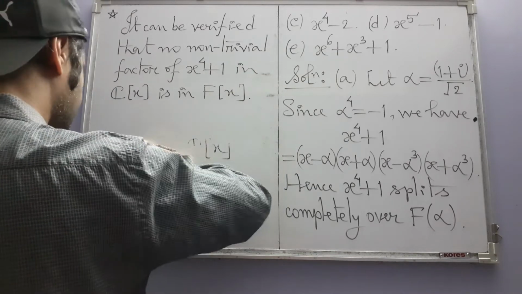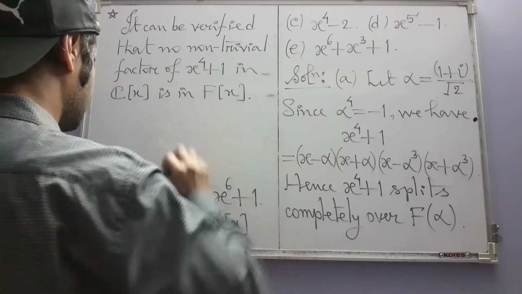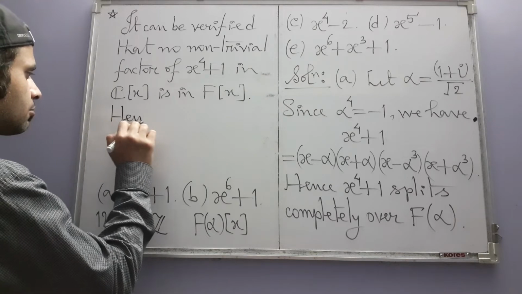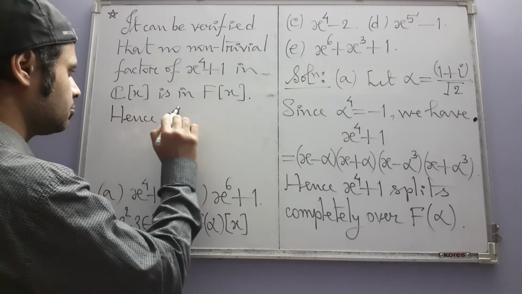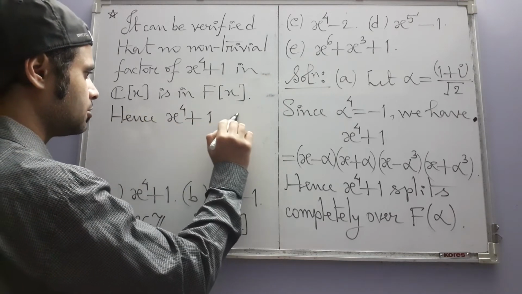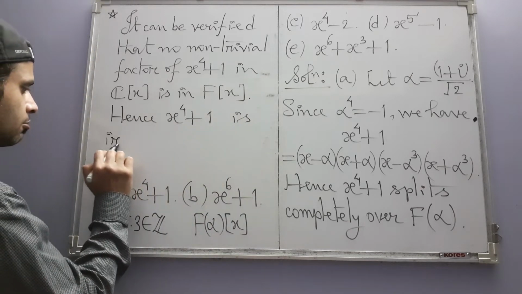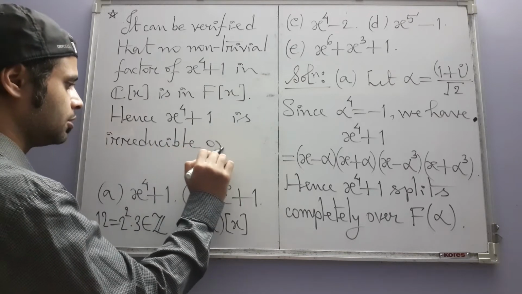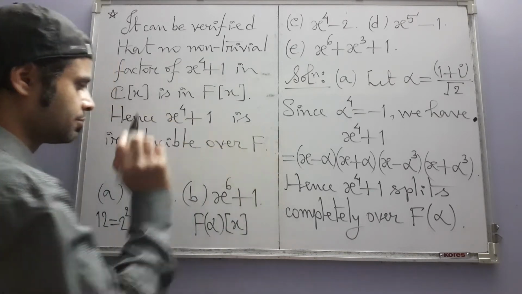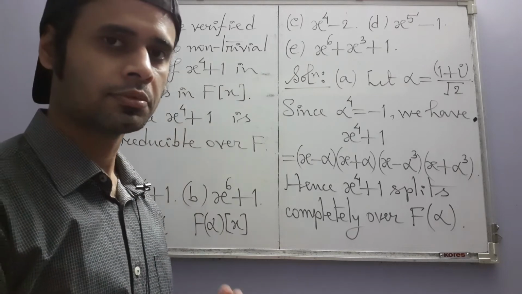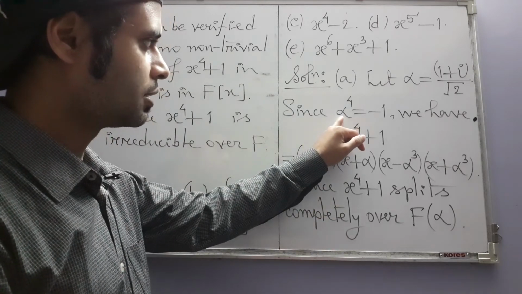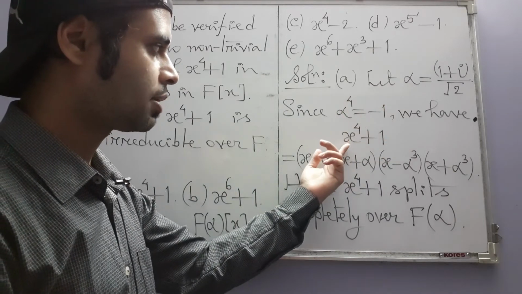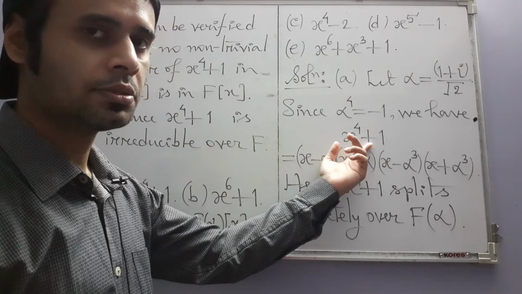So what are we going to write here next? Hence, this is irreducible over F. But you look at this equation, alpha to the power 4 is minus 1, which means that alpha is a root of this polynomial.